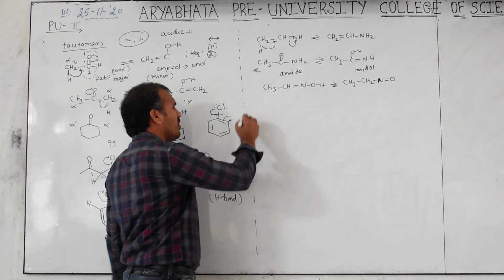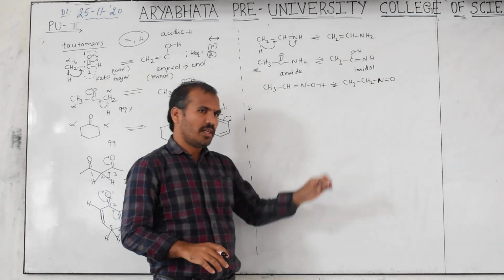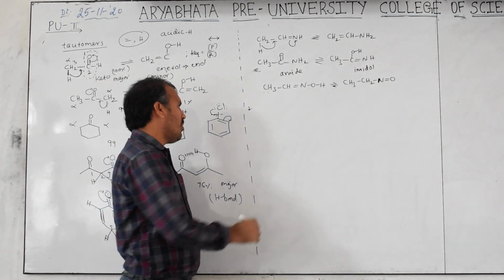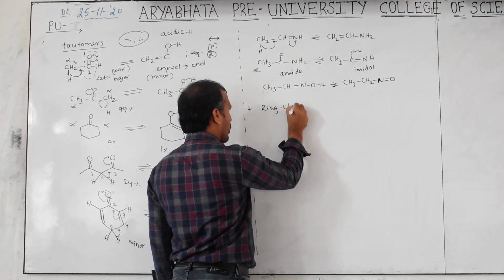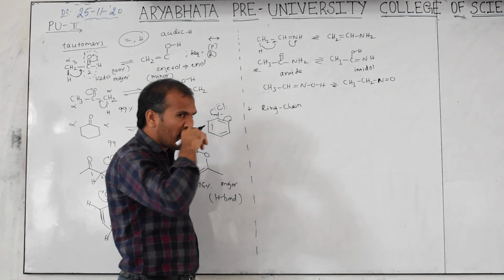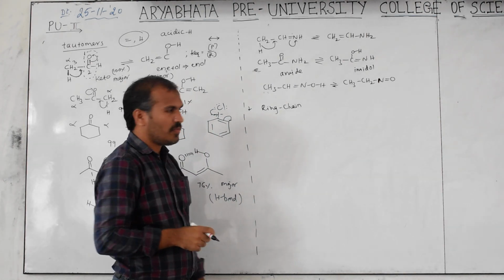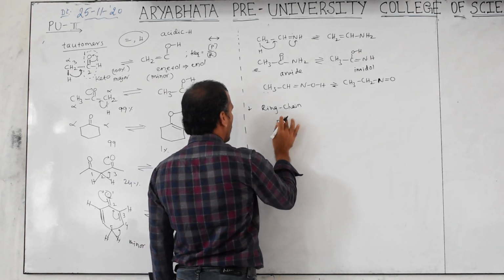Then, if different molecules are given to you, which one do we have to focus on first? First, we have to focus on the ring chain. If any molecules are given, first you have to check ring chain. Second, tautomers you have to check.